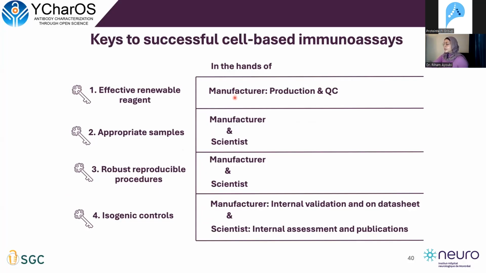Providers, of course, need to make sure they deliver the best quality products at the production and quality control levels, but testing them appropriately is then also on us as users to help have conclusive results and share any additional validation in publications.